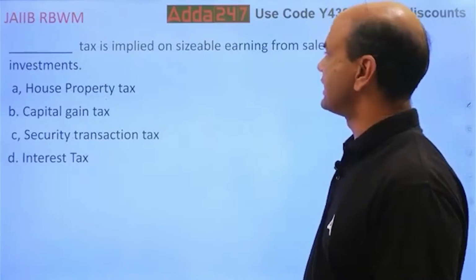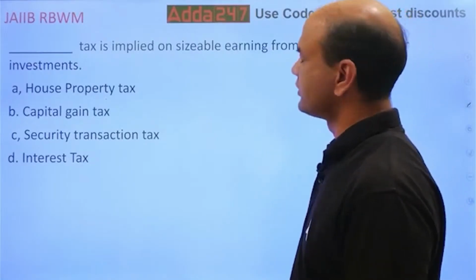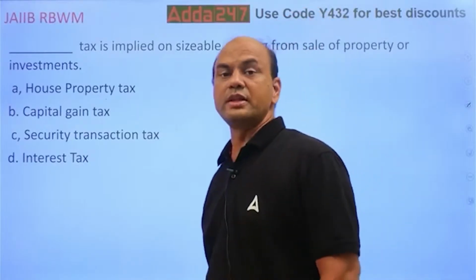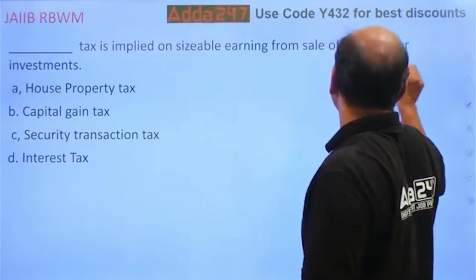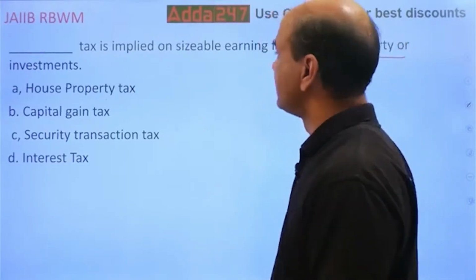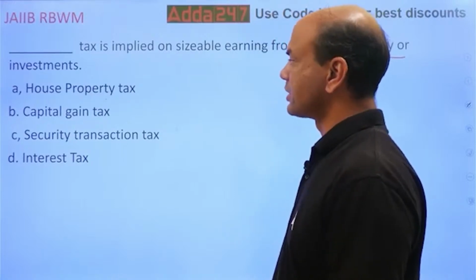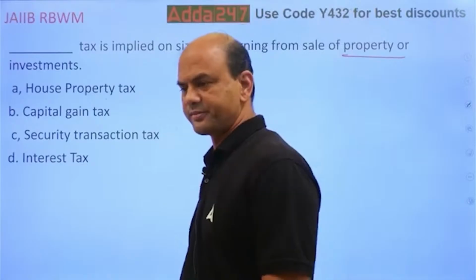Dash tax is implied on sizable earning from the sale of property or investments. What is the name of this tax? If I sell any property other than agri, which tax is applicable? Housing property, capital gains, security transaction and interest tax.